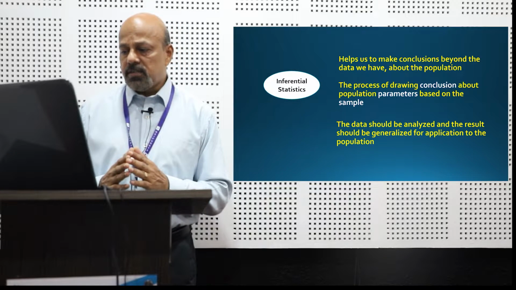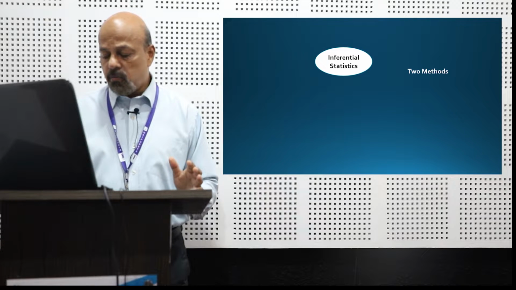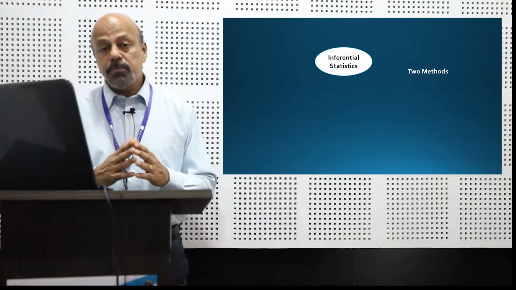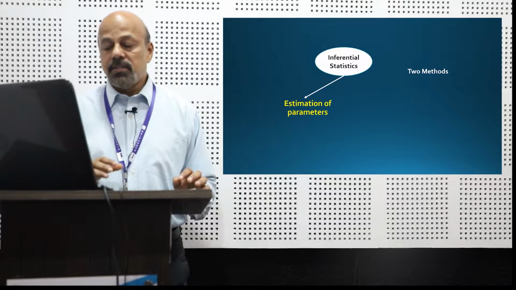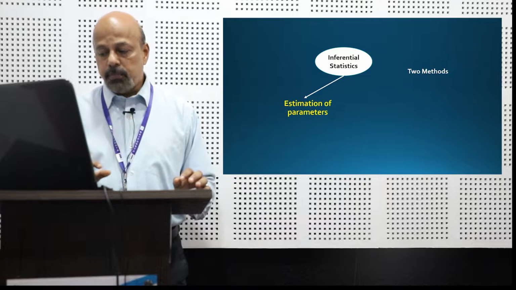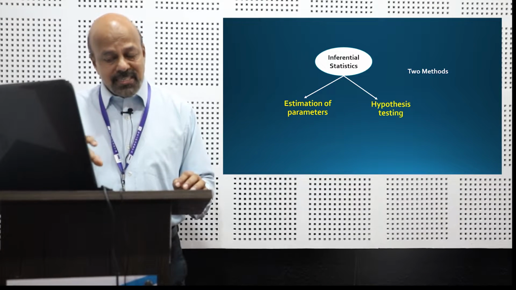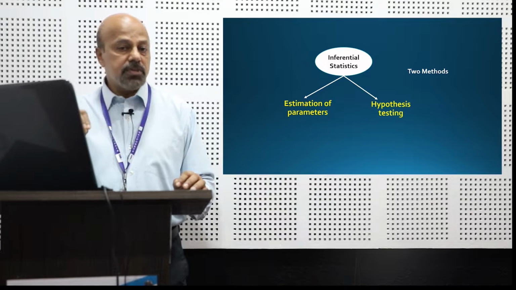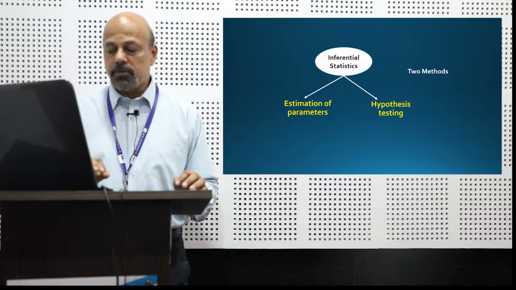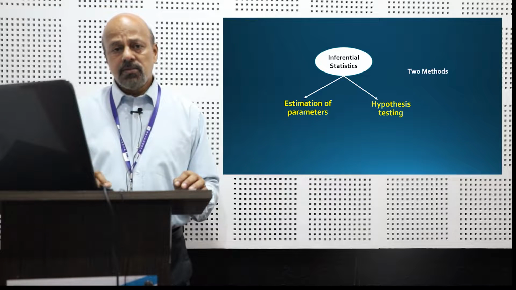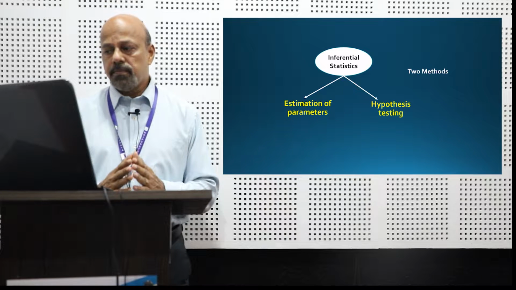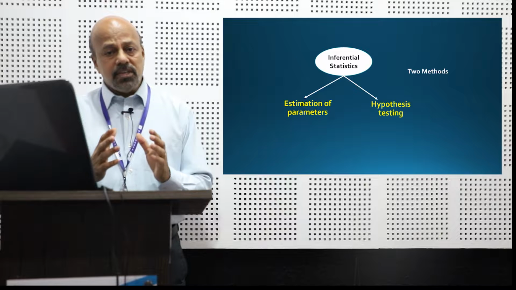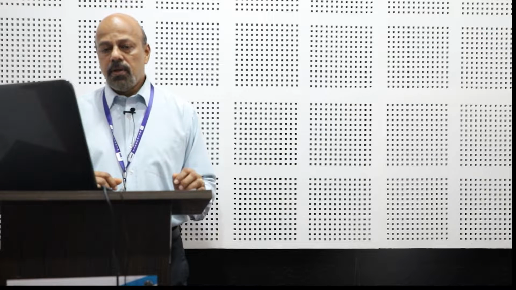In inferential statistics, there are two methods generally. One is called estimation of parameters, and the other one is called hypothesis testing. In this session, we will talk more on estimation of parameters and not on hypothesis testing. So what is estimation of parameters?